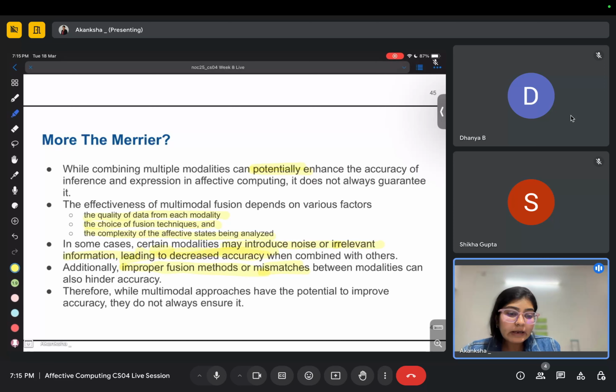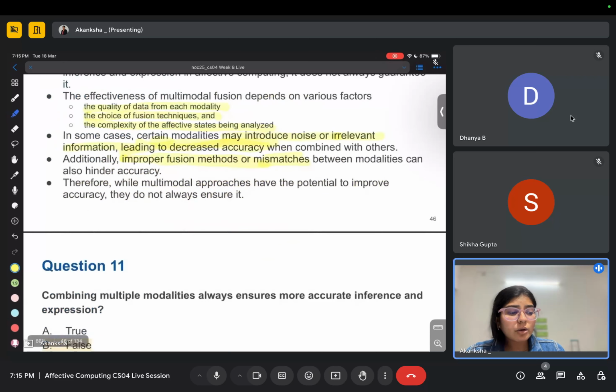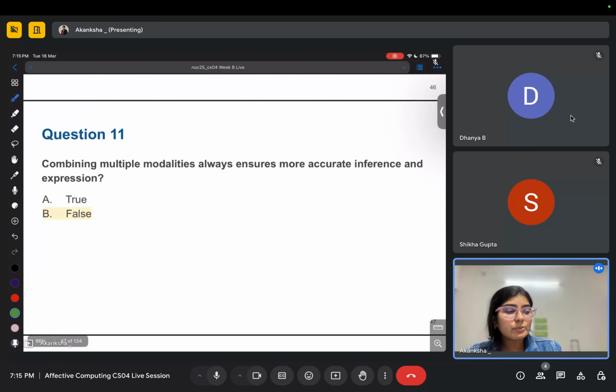So it can also hinder accuracy, because ultimately you're spoiling the existing data. Now, the crux is that it's not always the case that if you add more and more data, it will increase the performance. So adding new modalities might decrease the performance as well.